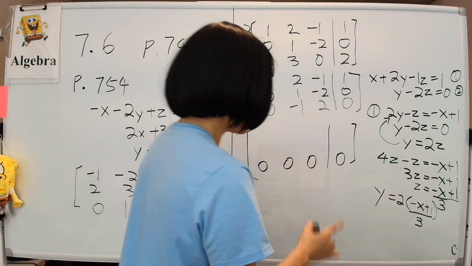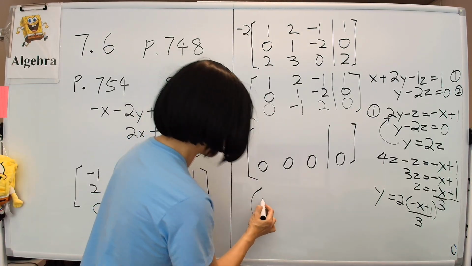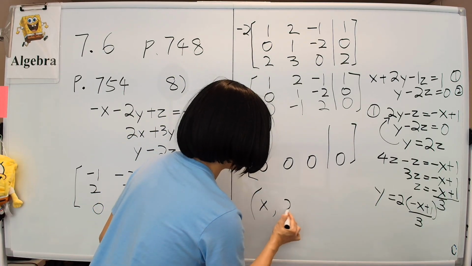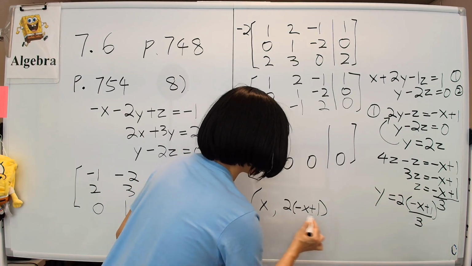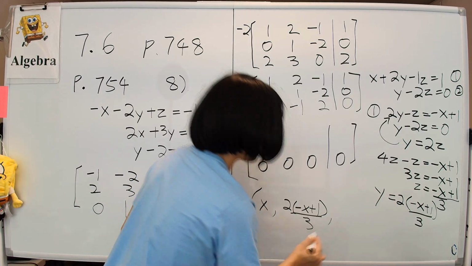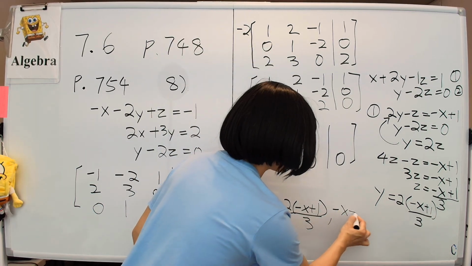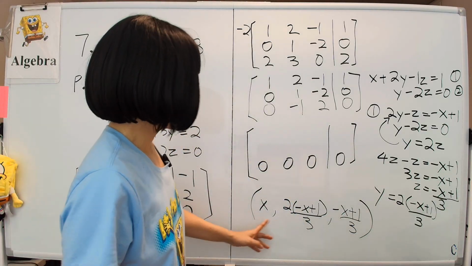So the entire answer, as the book wants it, is you write it in this form. Okay, x, comma, y is equal to 2 times minus x plus 1 divided by 3, and then comma, and then z equals negative x plus 1 divided by 3. And then you write parentheses.